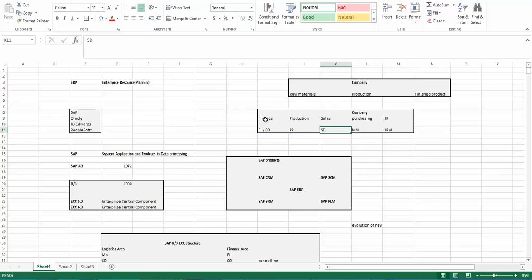Instead of intimating it personally, if the sales representative directly enters a payment receipt in the SD application, the FI application also gets updated with the same information. So the FI people come to know that the payment has been received, and they process the payment further. So this is how the integration happens. So creating a bill in SD would also intimate FI.